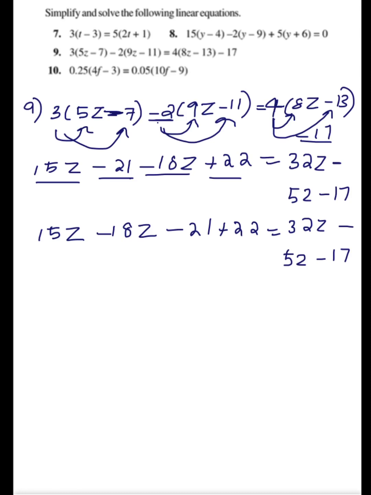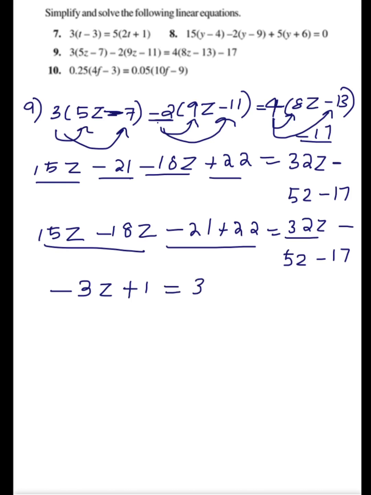Now what is 15z minus 18z? It's minus 3z. What is minus 21 plus 22? It's plus 1. Understand? Minus 3z plus 1 equals.